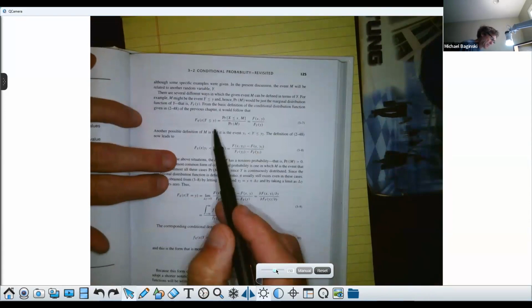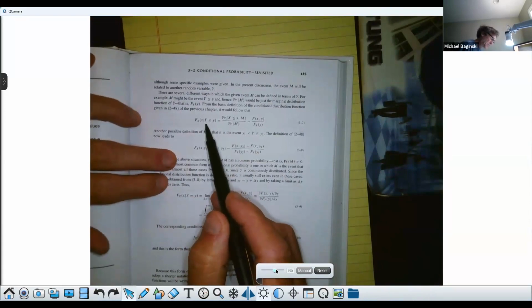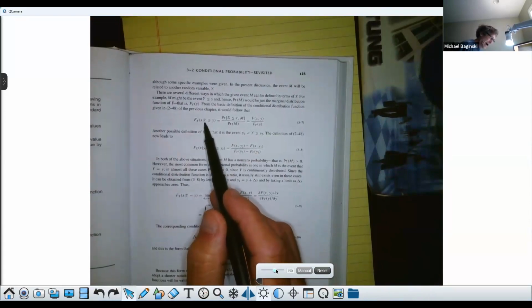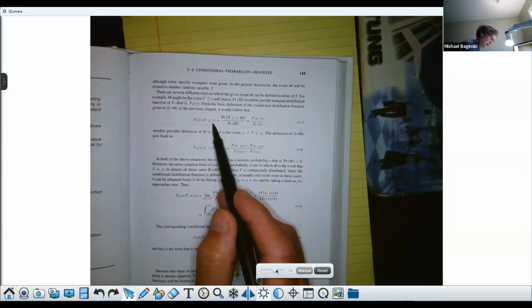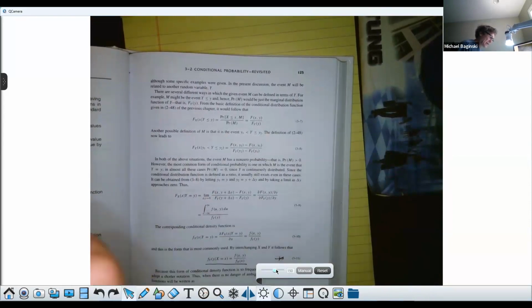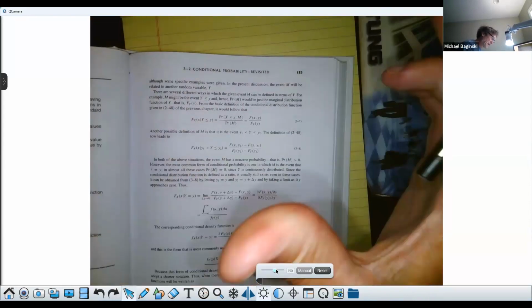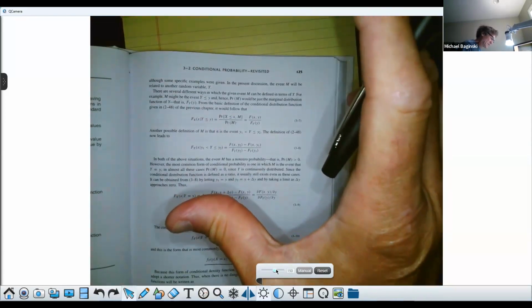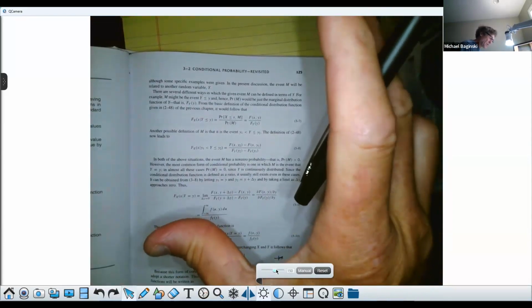Anytime you're talking about the probability of a certain event, like y less than or equal to some value, it automatically limits the region of the actual f of x, y.